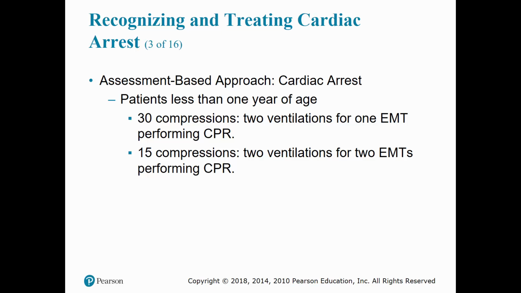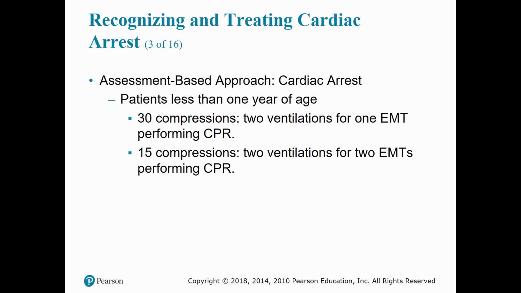Patients less than 1 year of age, 30 compressions, 2 ventilations for 1 EMT performing CPR. And we do a 15 to 2 ratio for 2 EMTs performing CPR. The big thing with that is, especially if you're using a bag valve mask, a BVM, it's really hard to get a good seal.